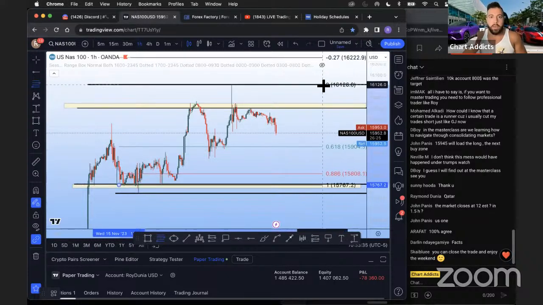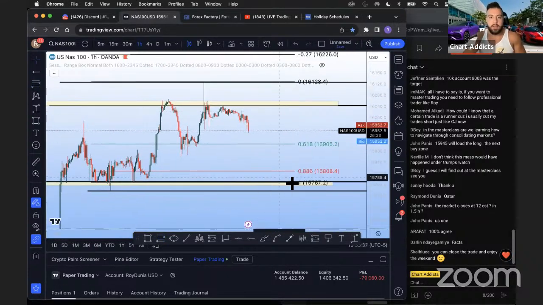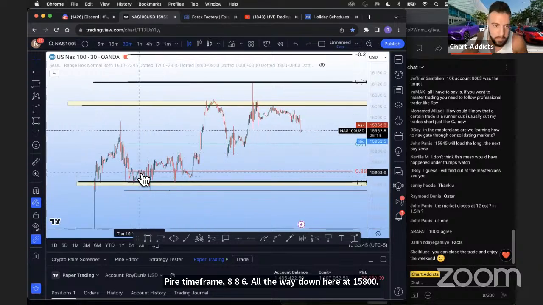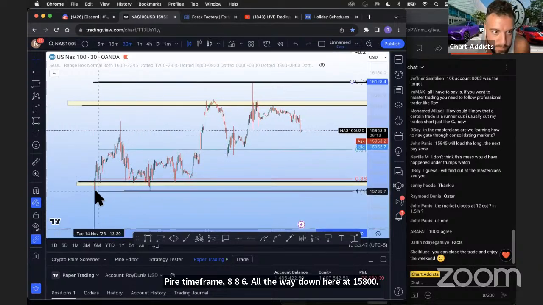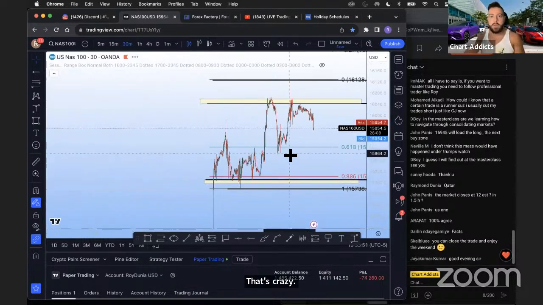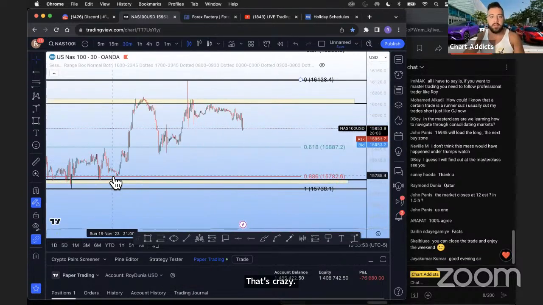Body to wick, higher time frame 88.6, all the way down here at 15,800. That's crazy. Closer to 78.2 back at this daily support.